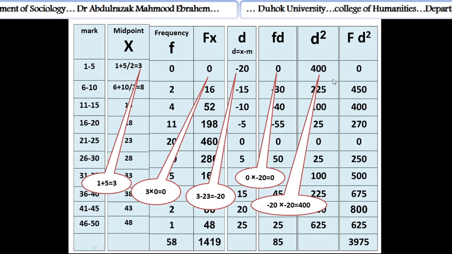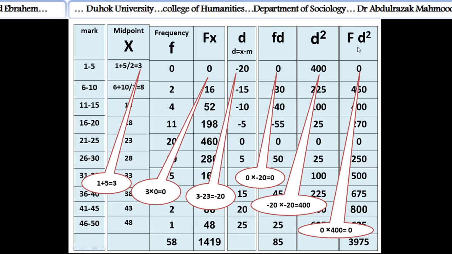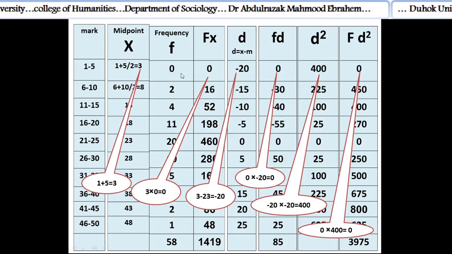The last column, F multiplied by D square. We can have this FD square from F multiplied by D square.